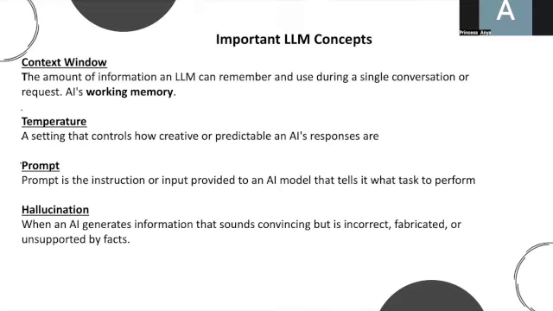Hallucination is when AI generates information that sounds convincing but is incorrect, fabricated, or unsupported by fact. Large language models are probabilistic in nature. It is very key that we fact-check information that we receive from the models.